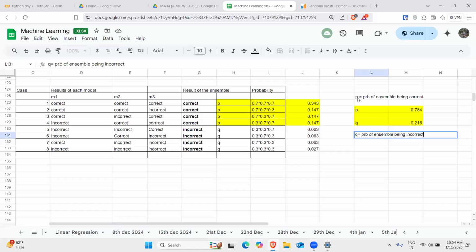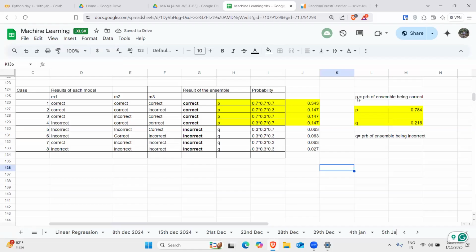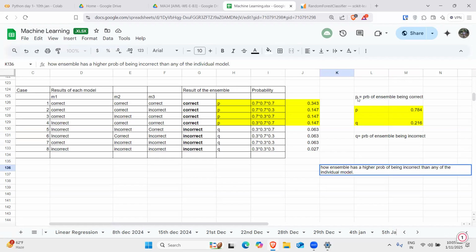Now can you notice how the ensemble has a higher probability of being correct than any of the individual models? Yes or no?